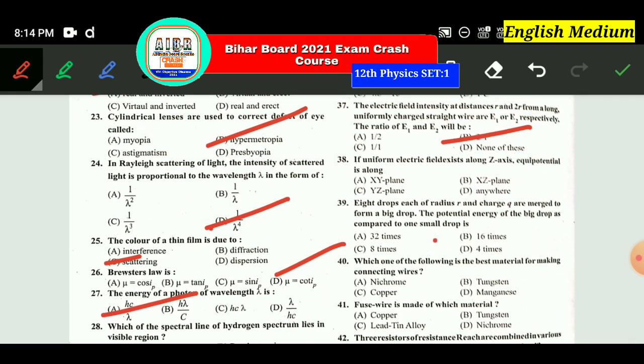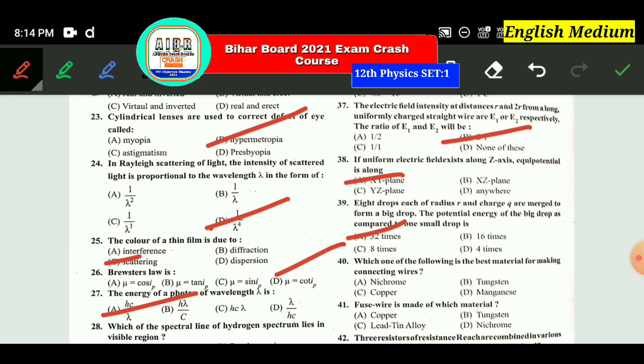If uniform electric field acts along z axis, the equipotential surface is the x-y plane. 8 drops each of radius r and charge q are merged to form a big drop. The potential energy of the big drop as compared to a small drop is, the answer is 32 times.